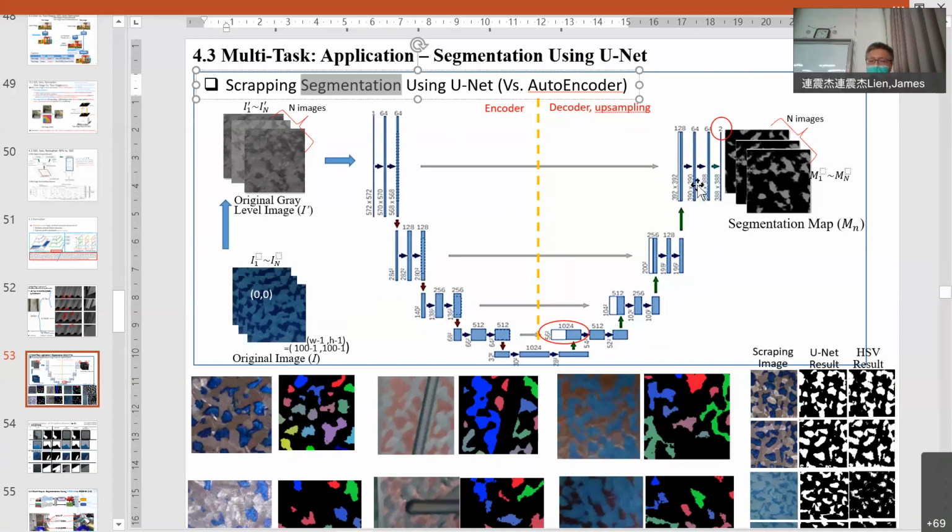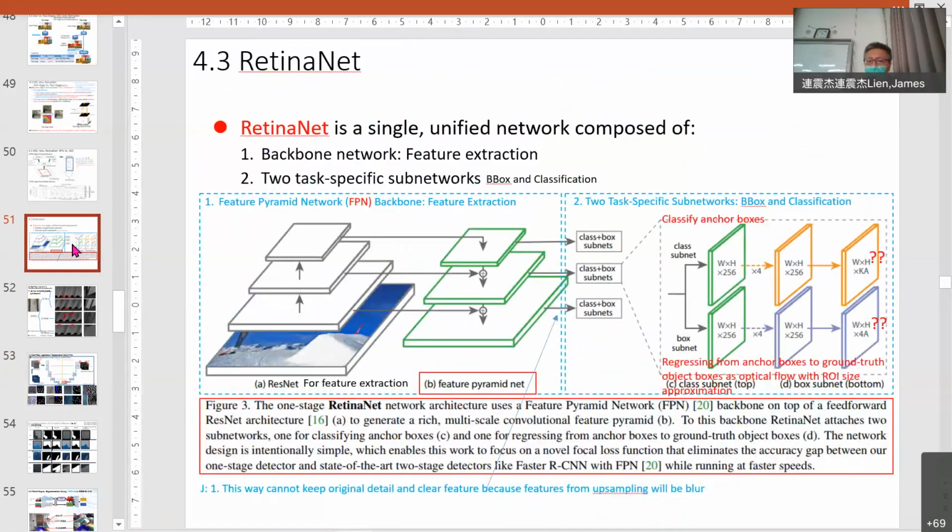So the good thing is UNet here looks simple. Actually, it's much simpler than RetinaNet. RetinaNet is a bit more complicated. ResNet is very deep, right?